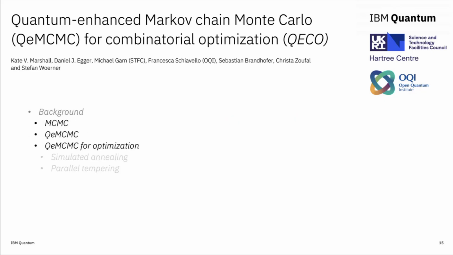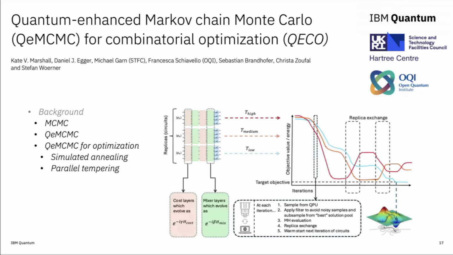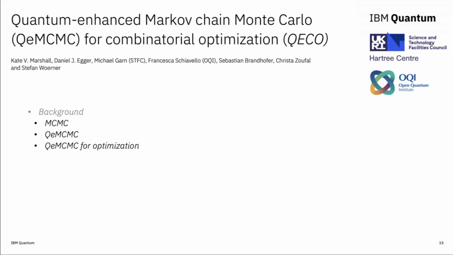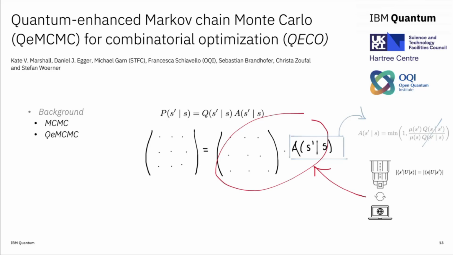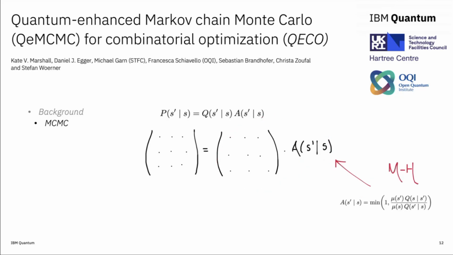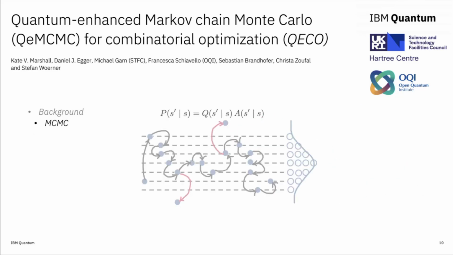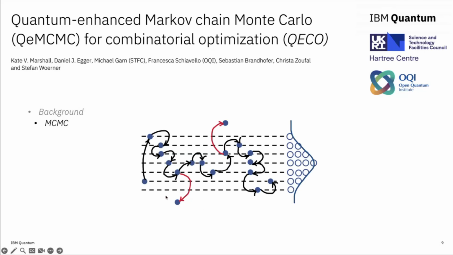I might need you to repeat that second question, but with regards to your first one, the classical counterpart would be this: we extended a classical MCMC procedure, which in the classical sense would sample from a classical proposal distribution.